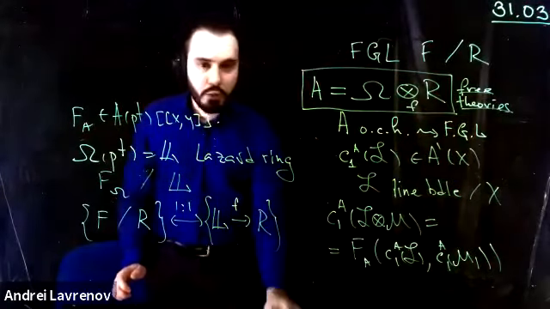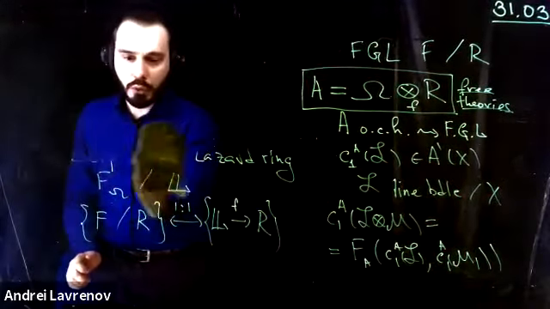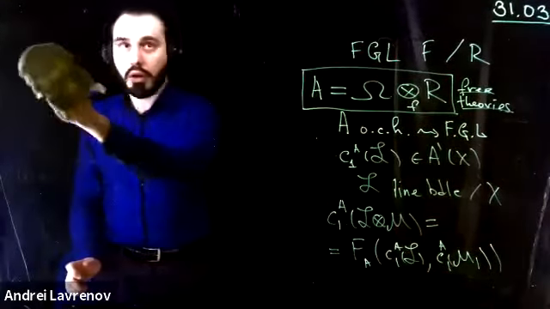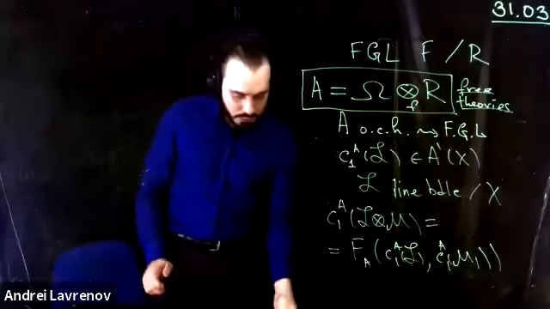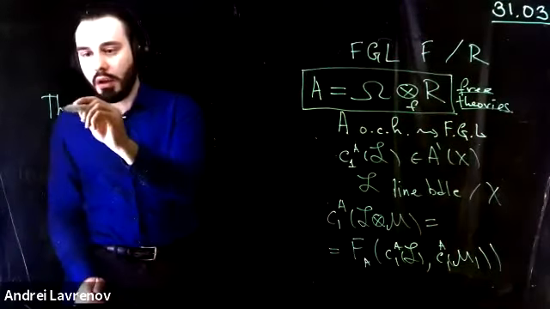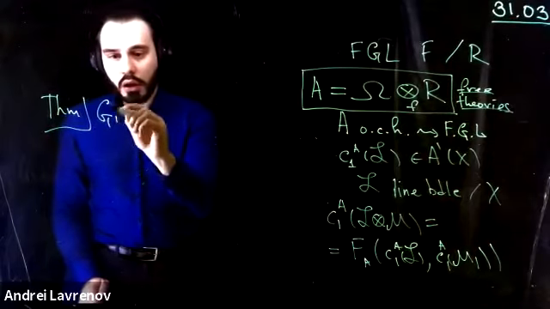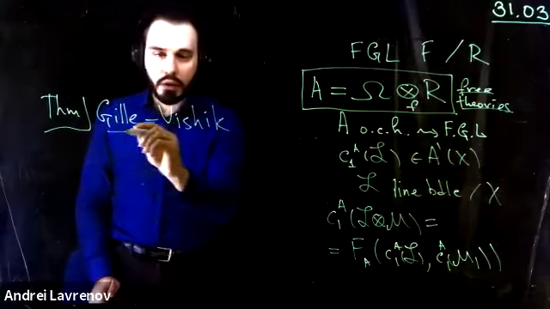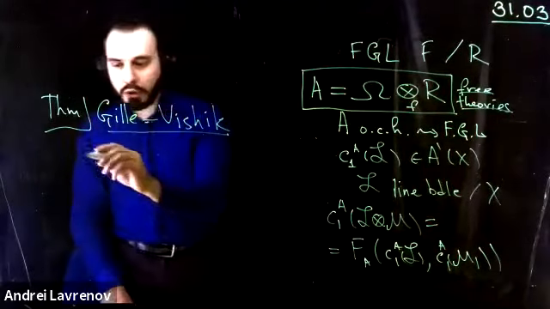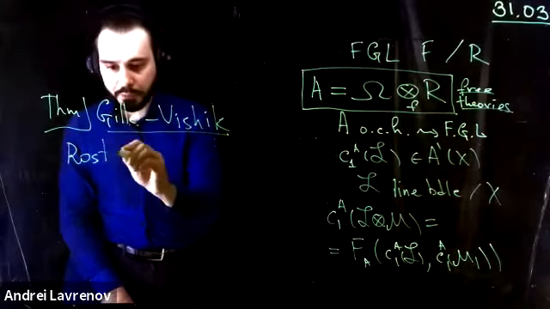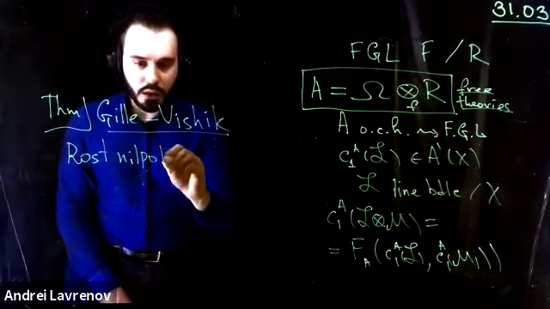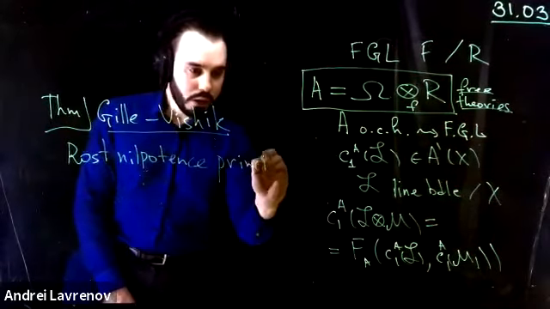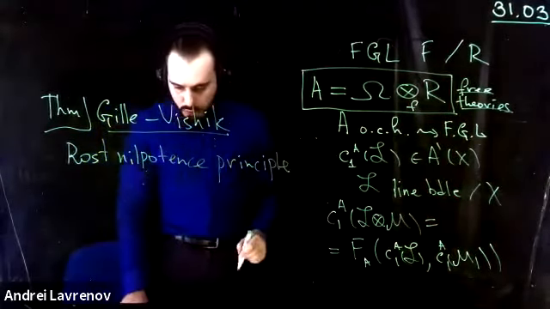They share many nice properties of algebraic cobordism, but the one most important for what I will tell is the recent theorem of Geldhauser, Lavrenov, Petrov and Zhykhovich, where they prove that for these theories the Rost nilpotence principle holds.